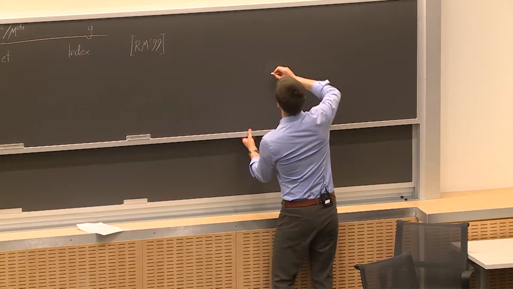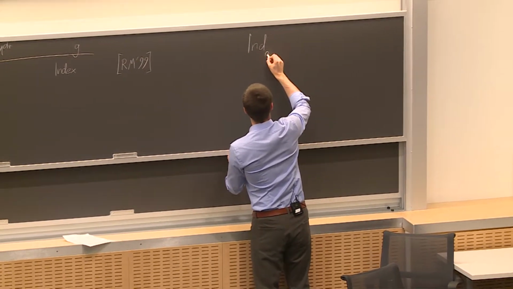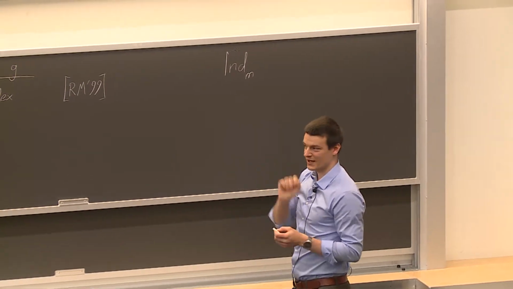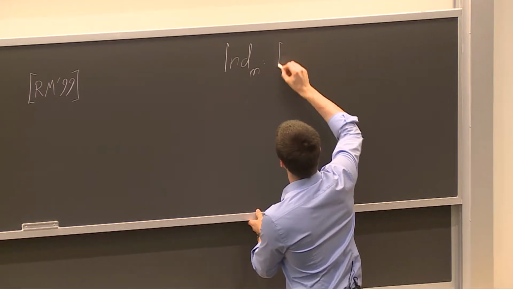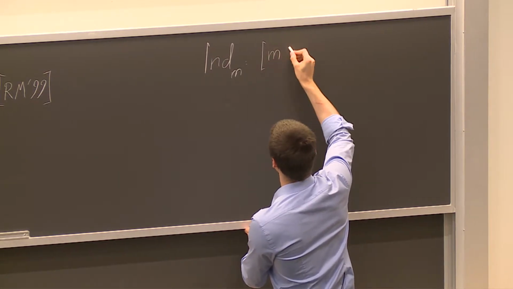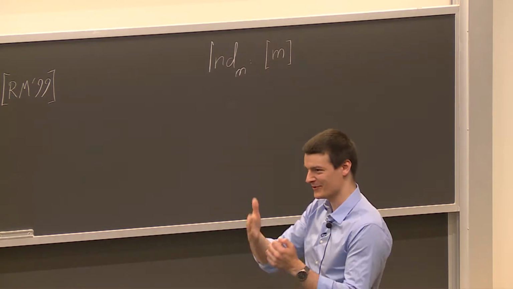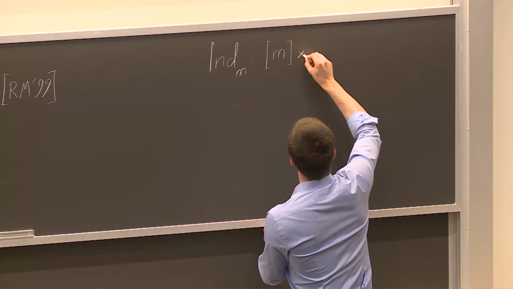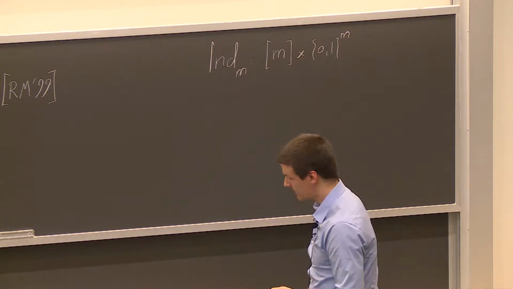So I'll just define it here. This is the index gadget on m bits. Here I give Alice a pointer, a number between 1 and m. This is my notation for the set of numbers from 1 up to m. Bob is just holding an m-bit string.